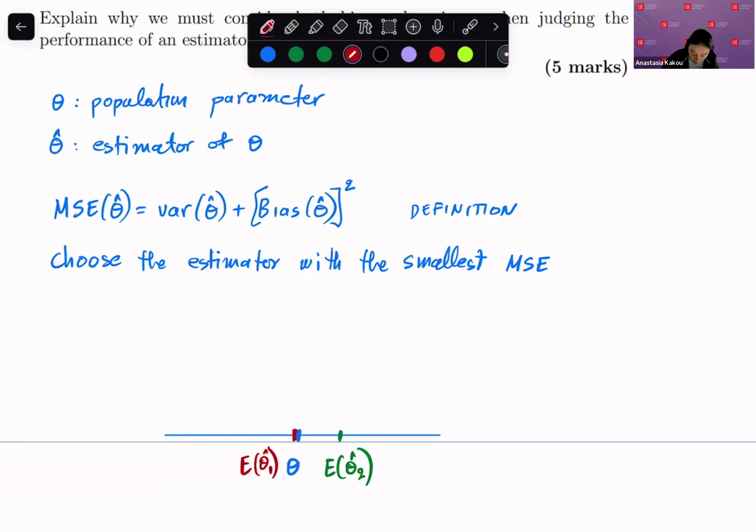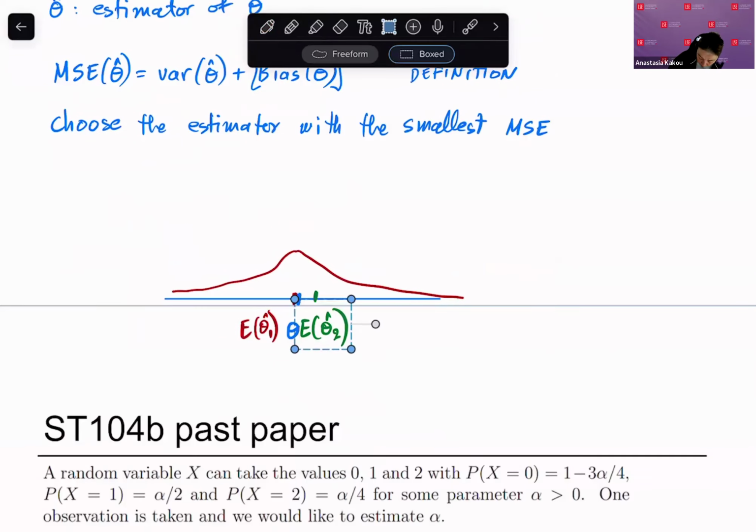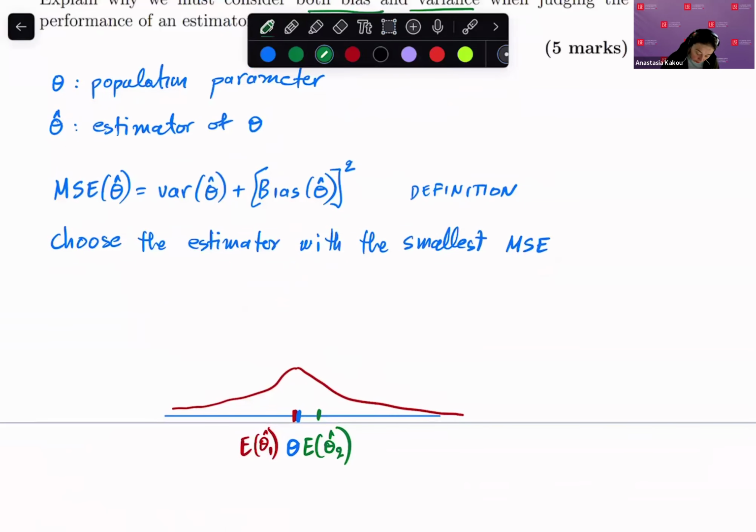However, assume that this theta 1 hat has a very big variance. While the other one, theta 2 hat, I'll put a bit closer. Although it is biased, suppose it has a much smaller variance.